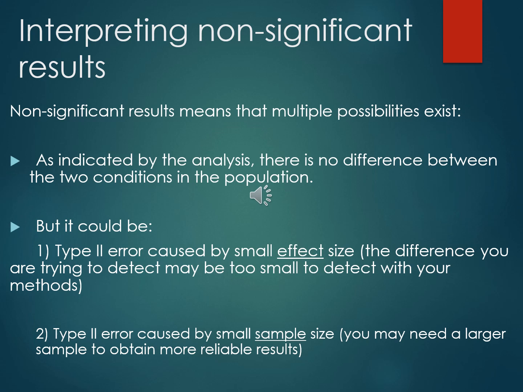The effect size you're trying to detect, which is the difference in the population means relative to variability such as standard deviation, is very small. Number two, type 2 error caused by small sample size. Your analysis or setup was not sensitive enough to detect the mean difference you set out to detect.